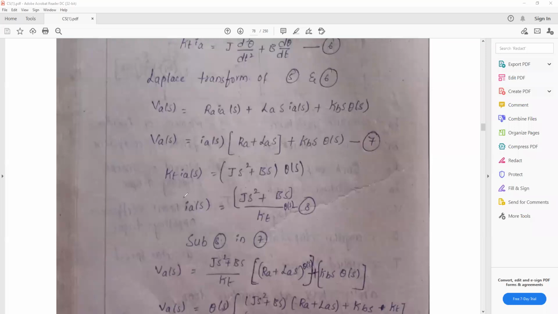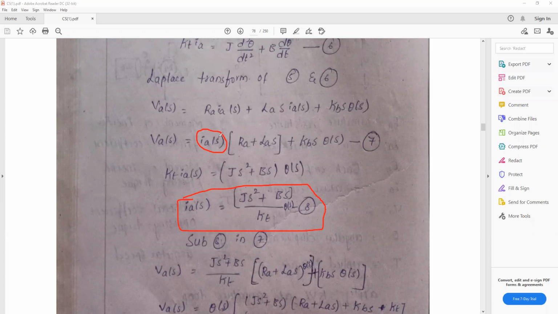IA of s, substitute. Theta of s into RA plus LAS plus KB s into theta of s.